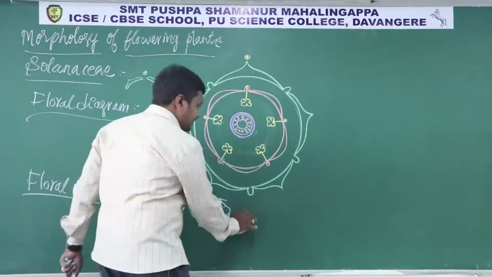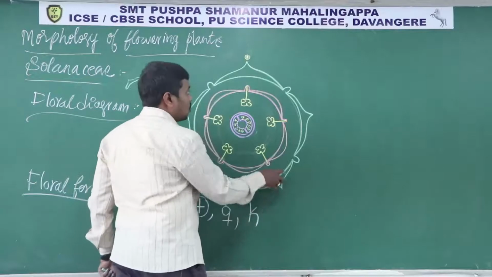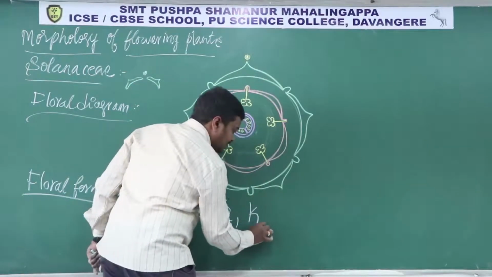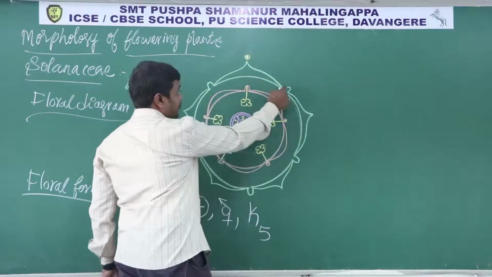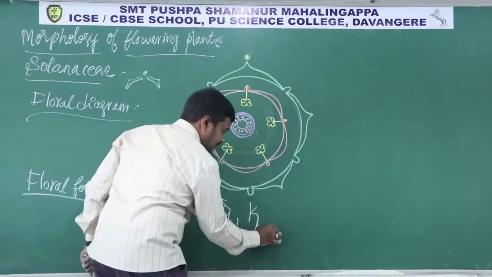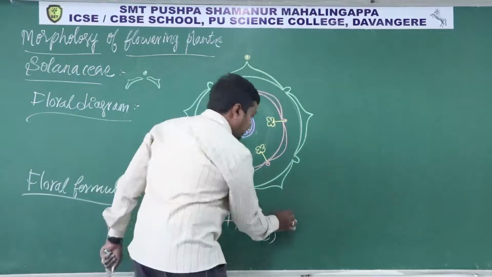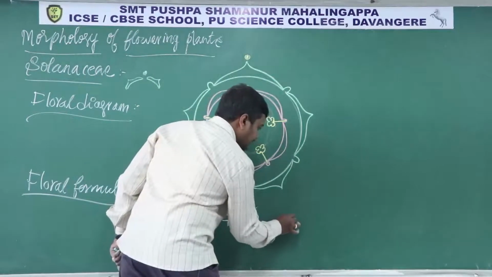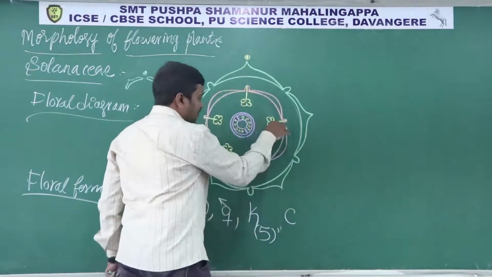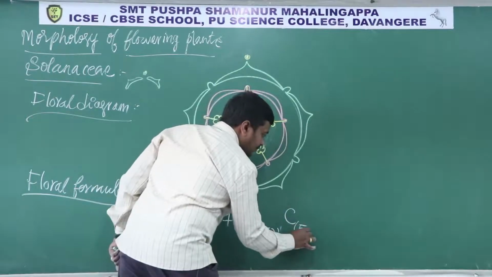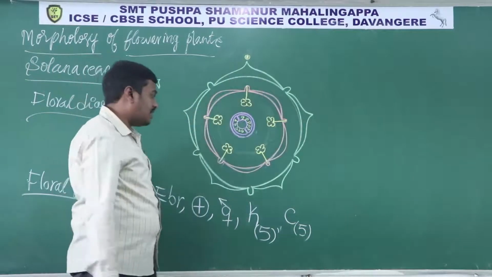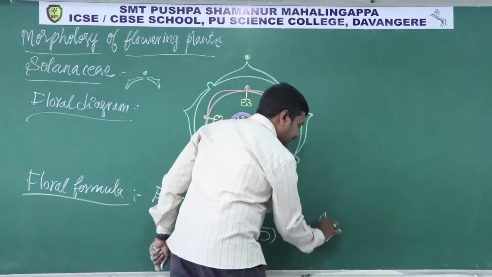Then calyx, totally sepals 5, and they are fused. All of them are fused. Gamosepalous. Gamo means you should write it within a bracket. Okay, then Corolla, 5 petals, they are also fused, 5 within a bracket. Then come to Androecium.